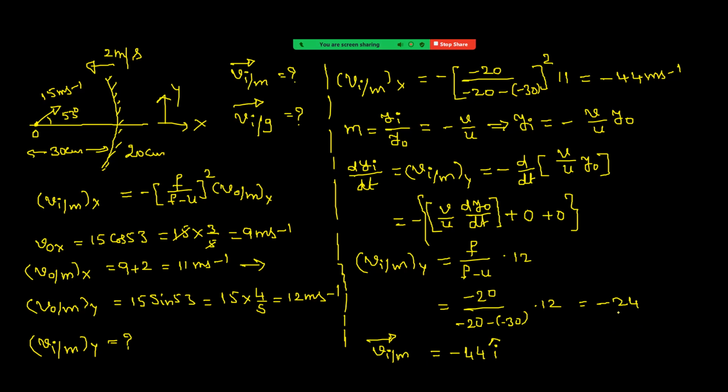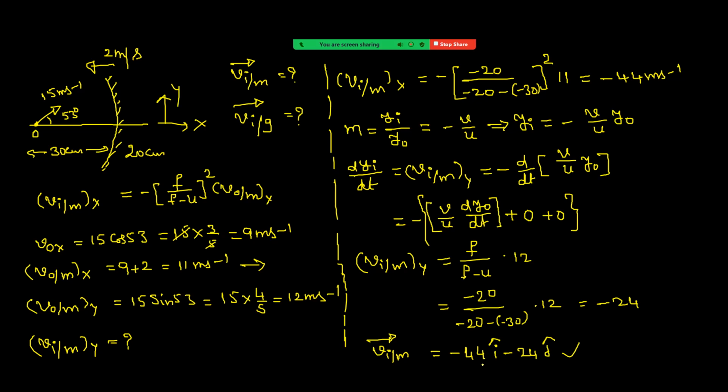Next, its component along y-axis, that is minus 24. Right. So this is minus 24 j cap. This is velocity of image with respect to mirror, right? And we have to find velocity of image with respect to ground, right?